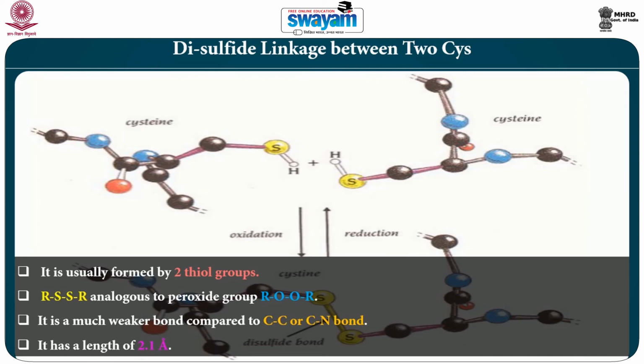Disulfide linkage is usually formed by two thiol groups like R, S, S, R, exactly in the same way as peroxide group forms R, O, O, R. It is a much weaker bond compared to our normal CC or CN bonds. It is longer. It has a length of 2.1 angstrom.